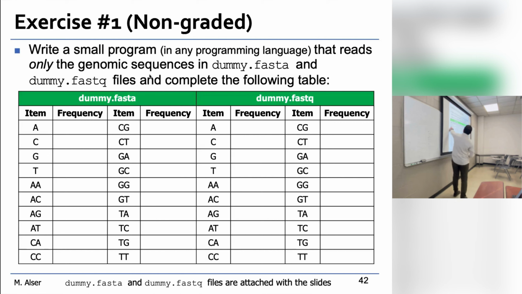I want you to count how many A's we have in genomic sequences, how many C, how many G, how many T. Remember, this is only in genomic sequences. If there is a header, just ignore it. So fill this table for the dummy FASTA and this table for the other dummy FASTA. Just count them and let me know.